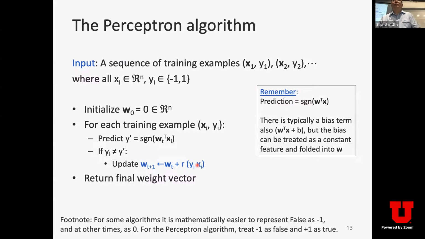Yeah, I mean, we can definitely do that. Meaning that I can check if yi is 0, then I do r times -1 times xi, right?